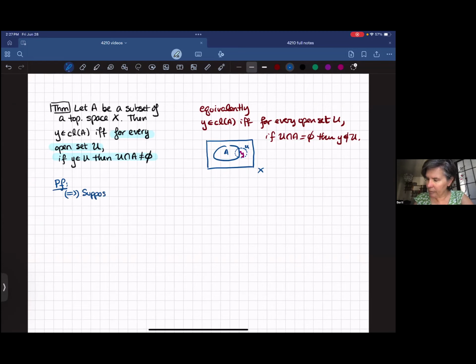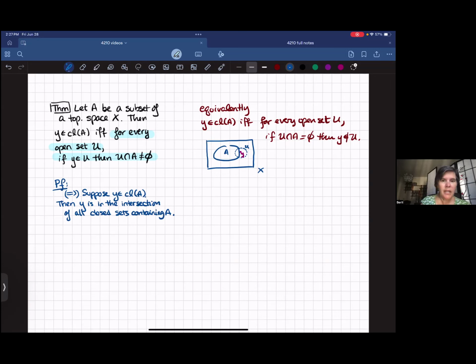Suppose Y is in the closure of A. Well, that means Y is in the intersection of all closed sets containing A. So that means that if it's in the intersection, that means it's in all of them. So every closed set containing A, Y has to be in it.